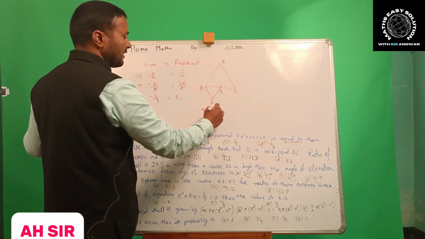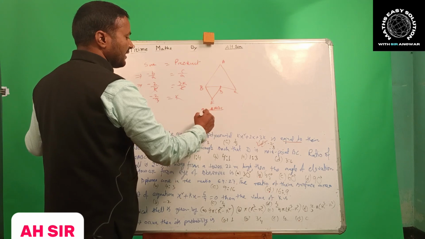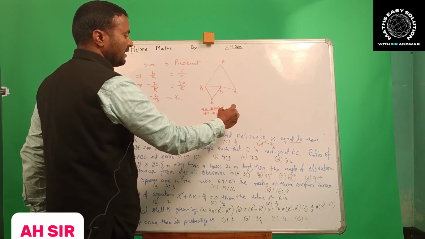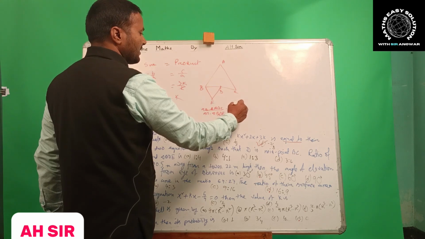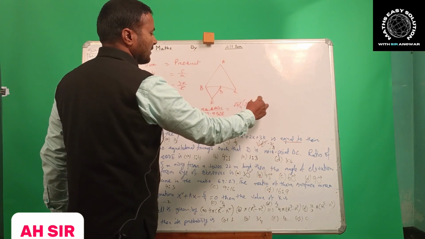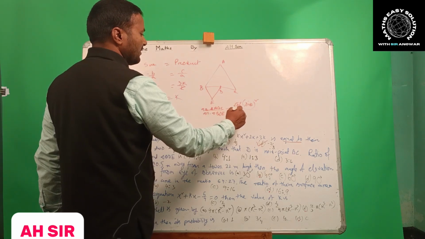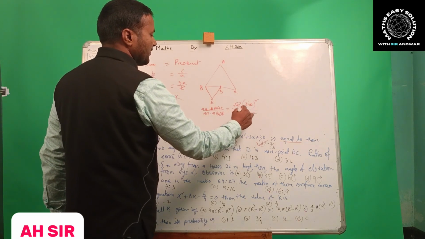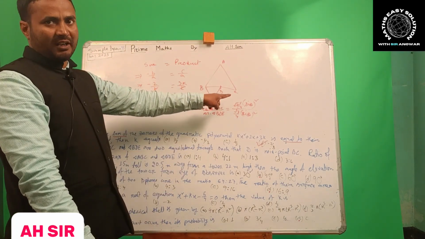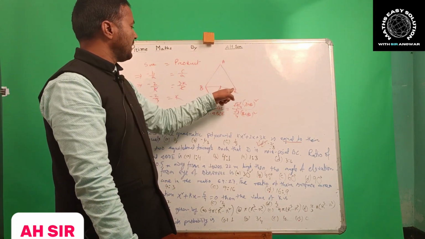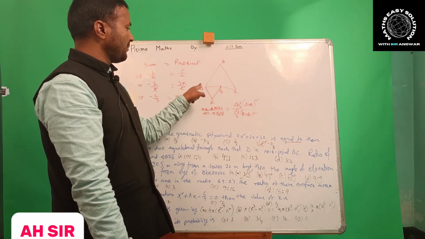So area of triangle ABC by area of triangle BDE. Any triangle you will take root 3 by 4 side square. Here also root 3 by 4 side square. Remember this is the area of equilateral triangle. So for the big one side will be BC and for the small one side will be BD.